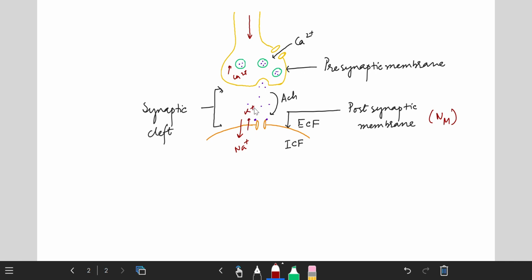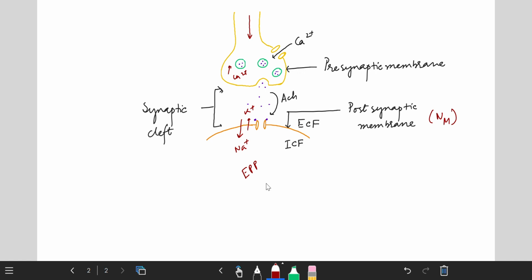Because sodium entry creates a great net force here, it causes depolarization. This depolarization is known as the end plate potential, or EPP.